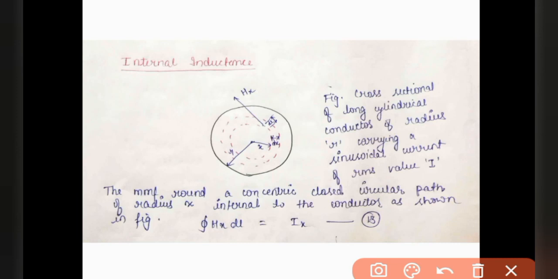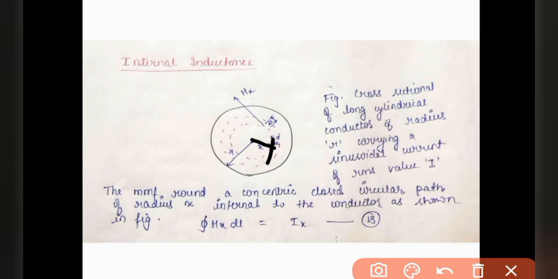Here we consider a distance x, and for the loop integral, from Ampere's circuital law, the loop integral is equal to the current in that closed path.